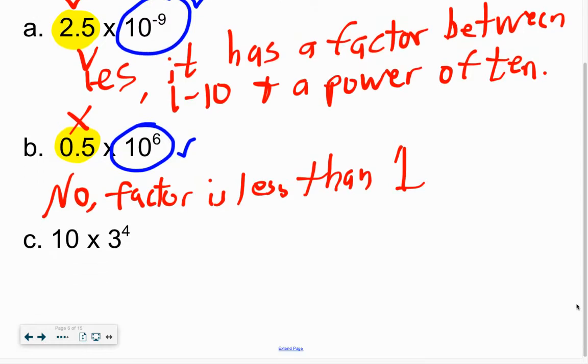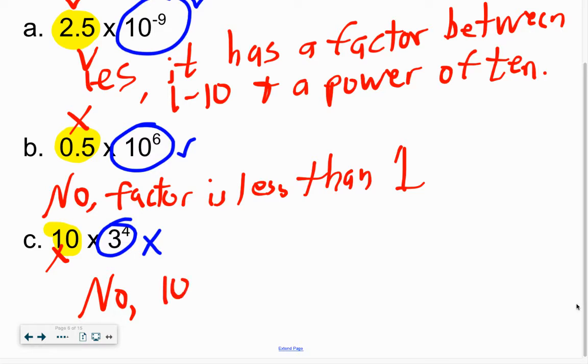Lastly, be very careful. Again, here's that factor. It can be 1, but it must be less than 10. Thus, this does not work. Here, another one. Do we have a power of 10? No. So our answer to this one is definitely no. Again, how do you want to explain this?